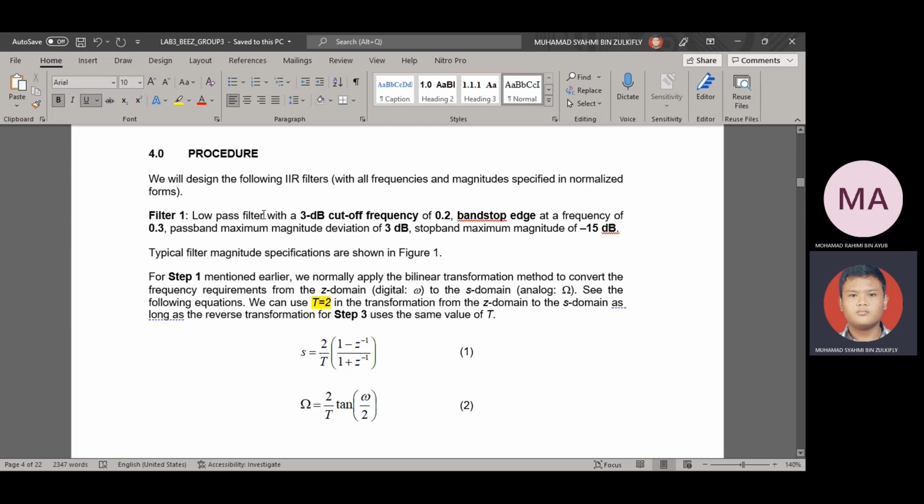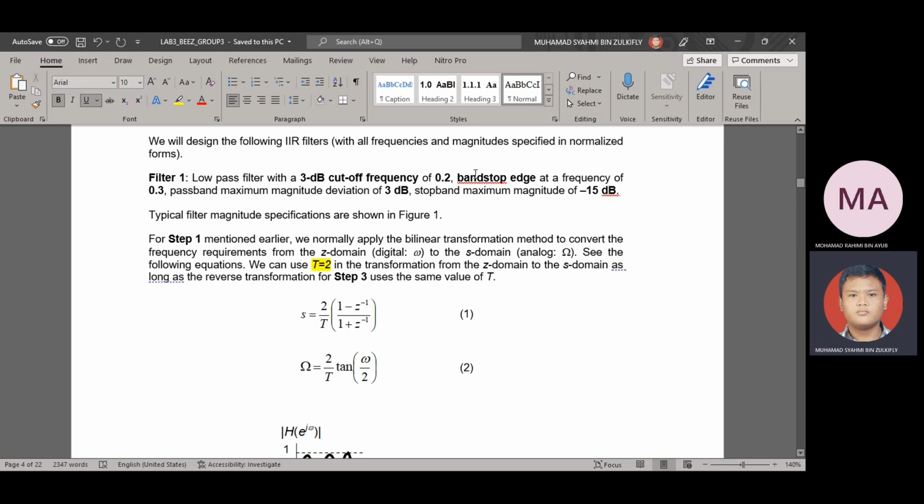Filter 1 is low pass with a cut-off frequency of 0.2, stop band edge at frequency of 0.3, pass band maximum magnitude is -3 dB, stop band maximum magnitude -15. We need to insert all these parameters in the coding.